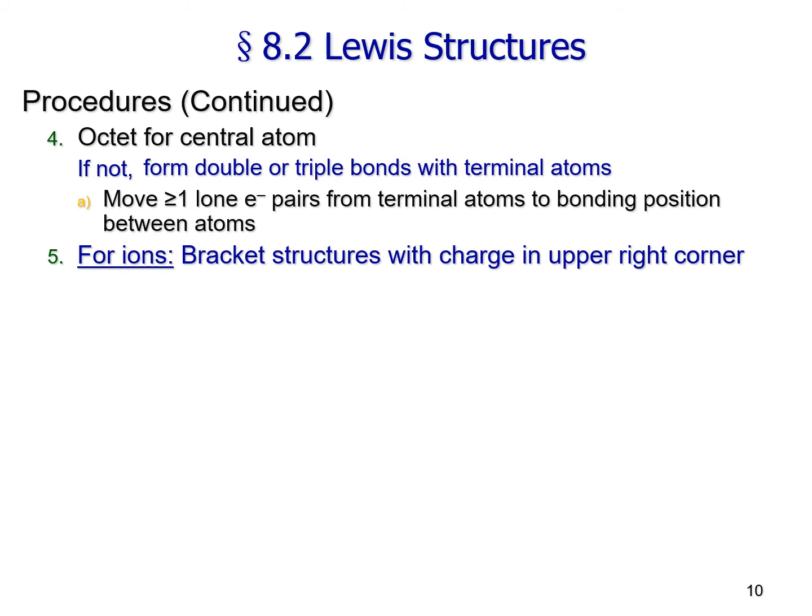So it is our responsibility to let people understand how we calculated valence electrons based on the charges. We have to let people understand those species do have charges. That's why we put a bracket around and show what the charge is.